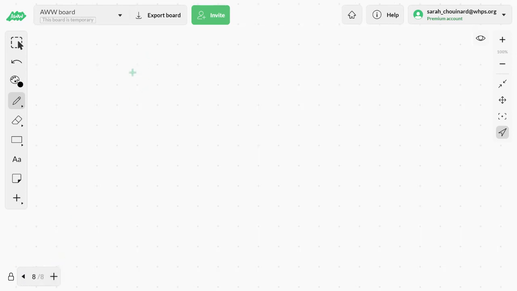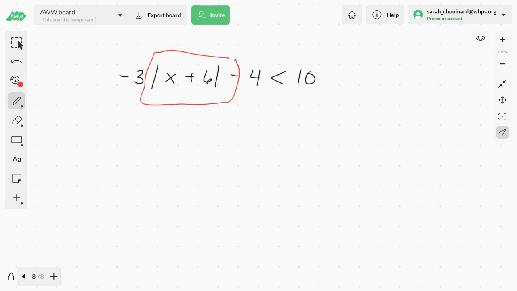So for example, if I had -3 times the absolute value of x plus 6, minus 4 is less than 10, I've got to get the absolute value alone. So I like to put it in a box to help me visualize the isolation process. Let me make sure that I don't get the negative sign in there.